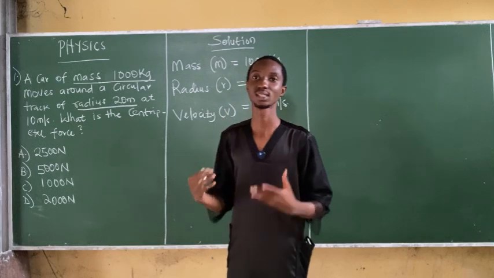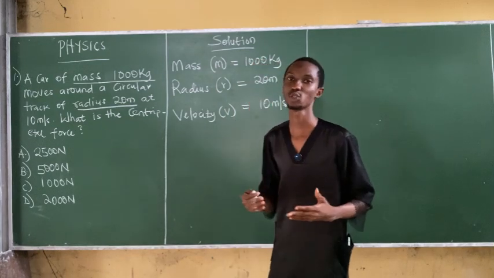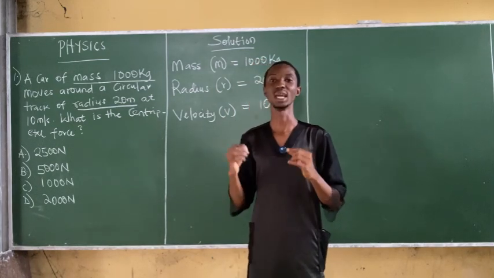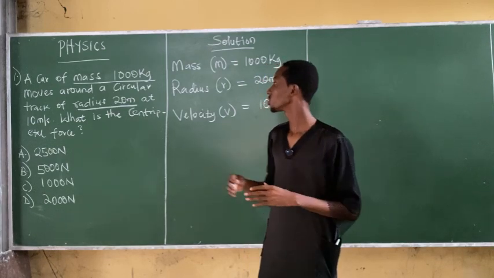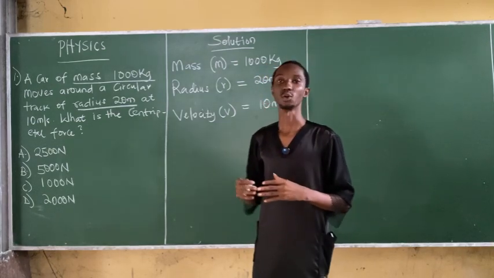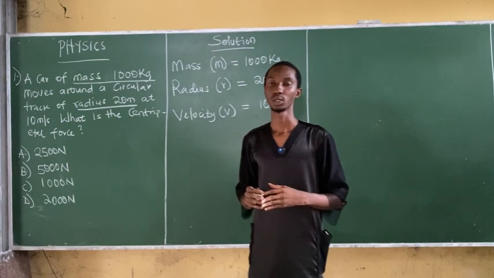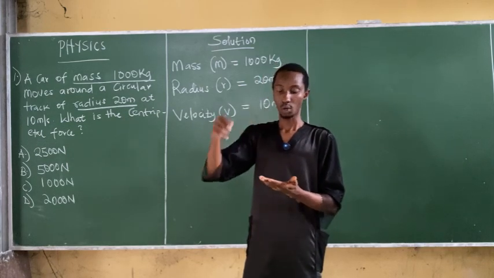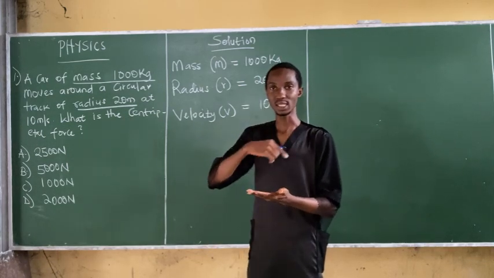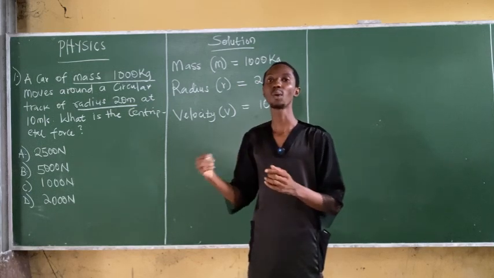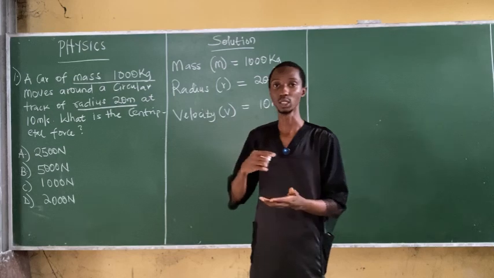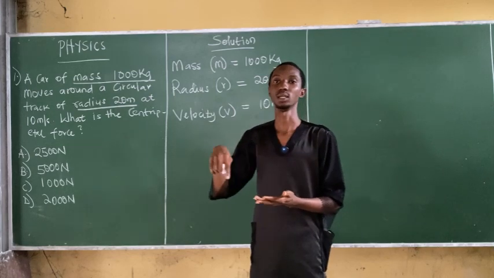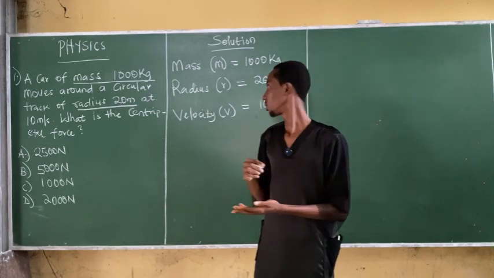Now, the first step to answering any question is for you to know the exact topic where this question is coming from. This question is coming from circular motion. Don't forget, when a body moves in a circular path, it requires a force directed towards the center to keep the body moving in the track.